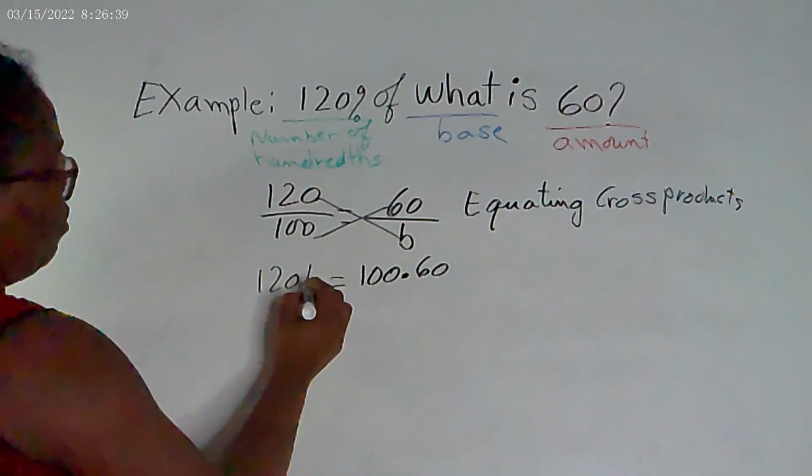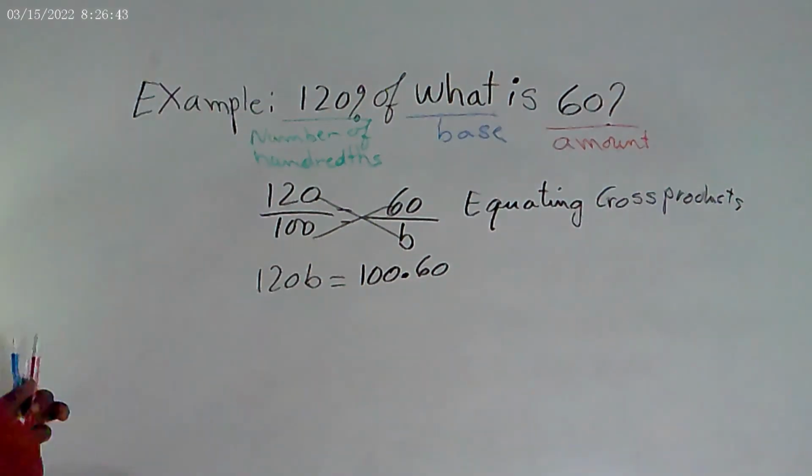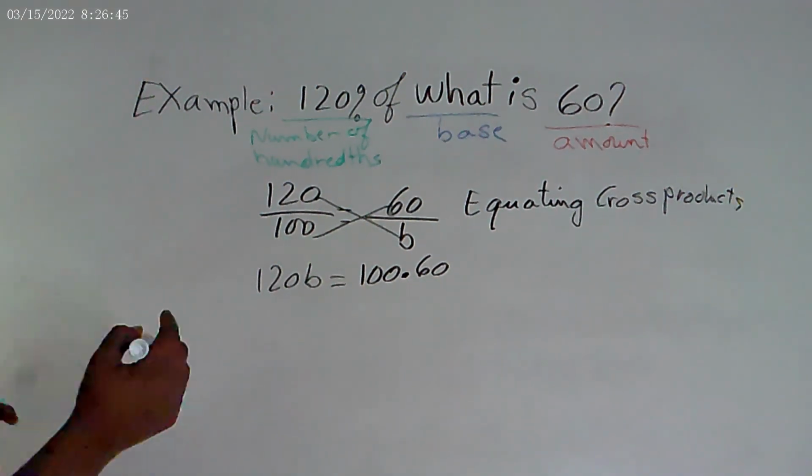So now to find b, the base, we are going to divide both sides by 120.